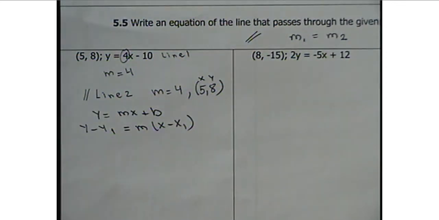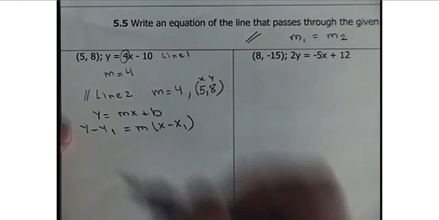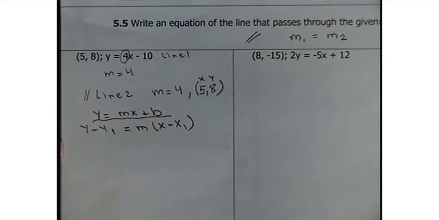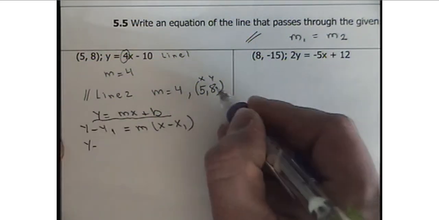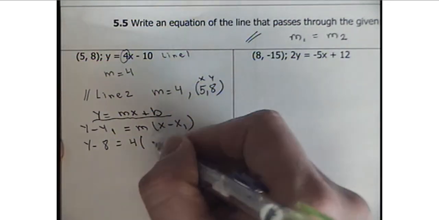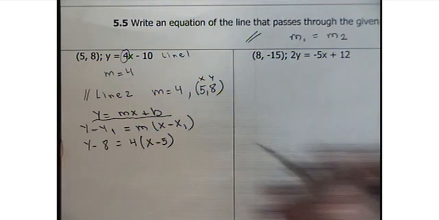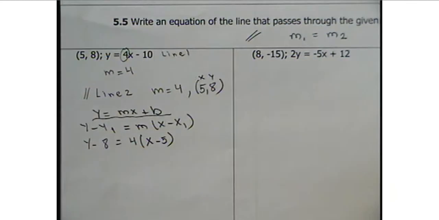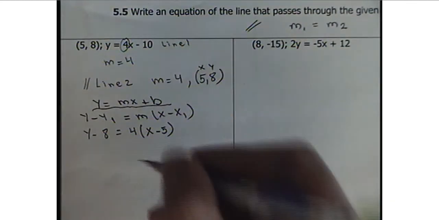I'm going to use point slope form, since I know the point and the slope, to calculate and see what the second line equation for the parallel line will be. So y minus y1, which is 8, equals the slope, 4, times x minus 5. This is what we get when we substitute the slope, x1 and y1 into the equation.